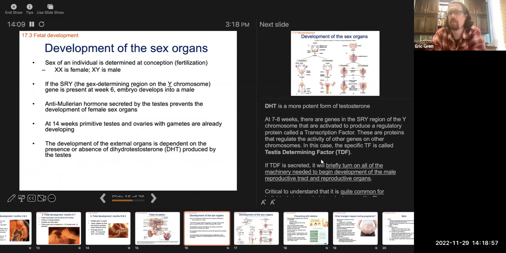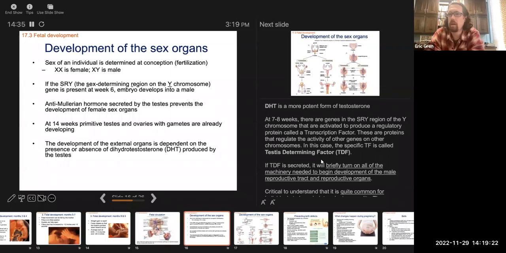Okay, there are a number of other physiological reasons why an individual's anatomical or physiological sex may not be clearly male or clearly female, or why the external reproductive organs may not necessarily match an individual's genetic sex, right?